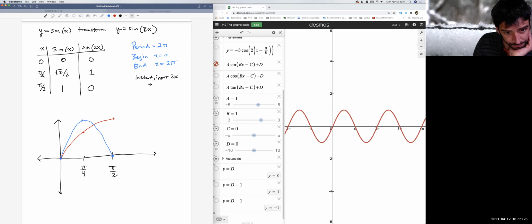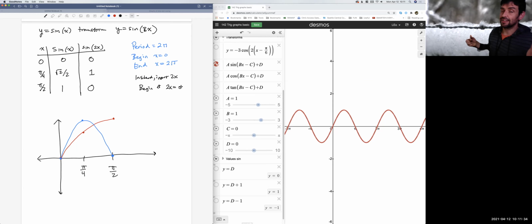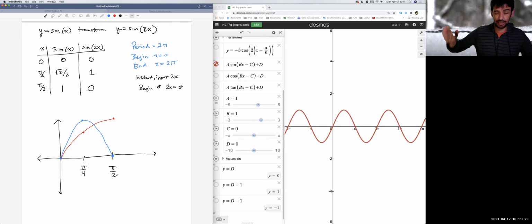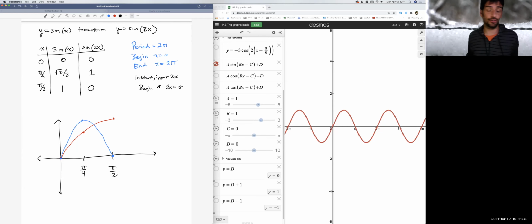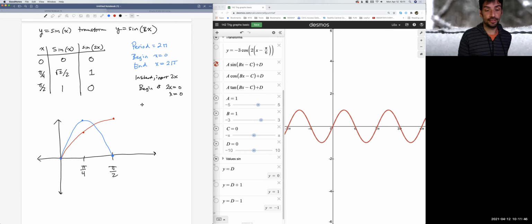Well, the beginning of our period is going to be when 2x equals 0, right? I'm thinking in terms of input. So in both cases, I'm looking at the beginning when the input is 0. In the first case, it was just x equals 0. Now it's when 2x equals 0, but of course, this is equivalent to x equals 0.